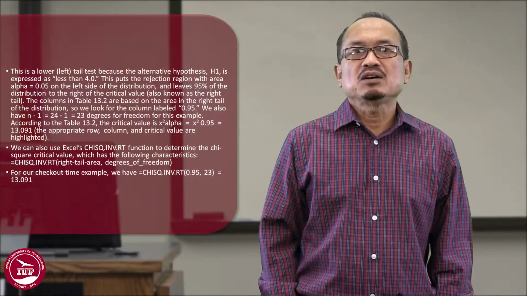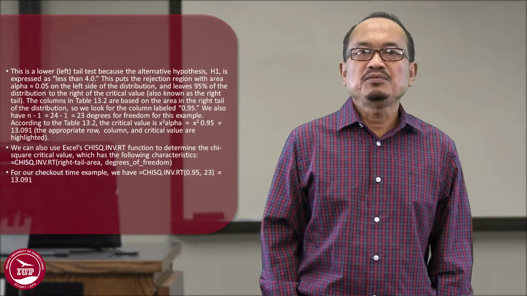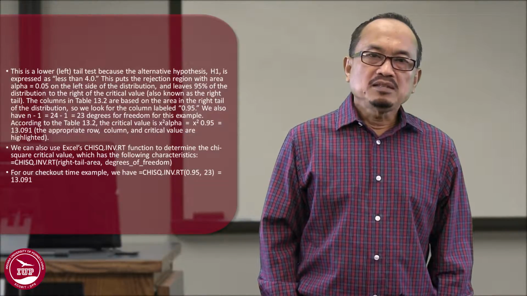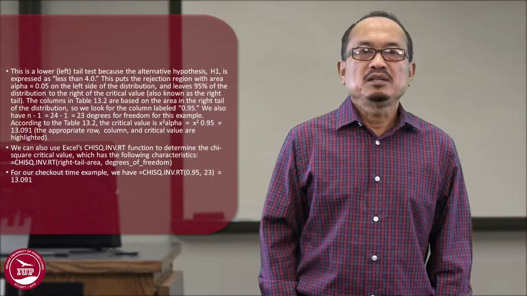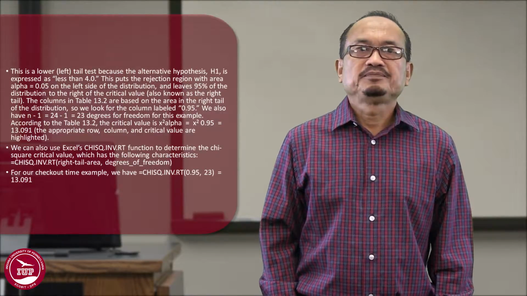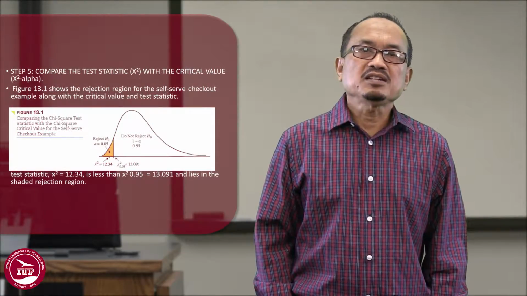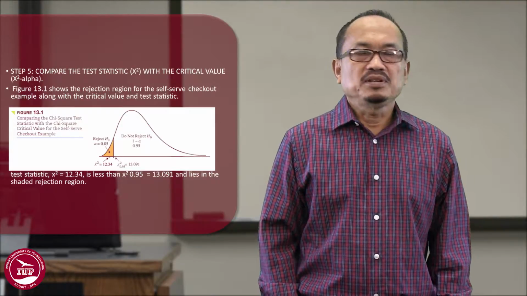For our checkout time example, we have CHISQ.INV.RT inside parentheses 0.95, 23, equal to 13.091.